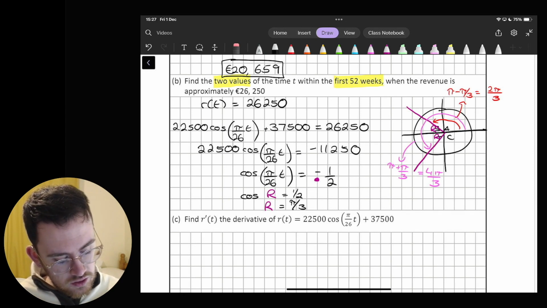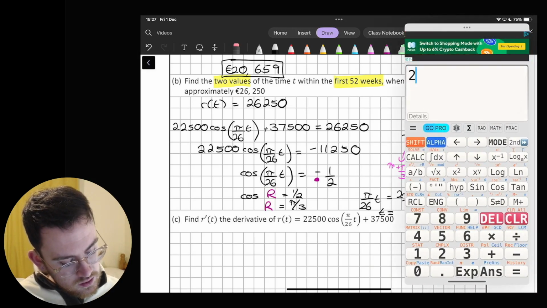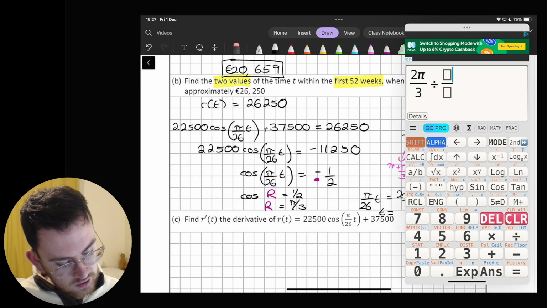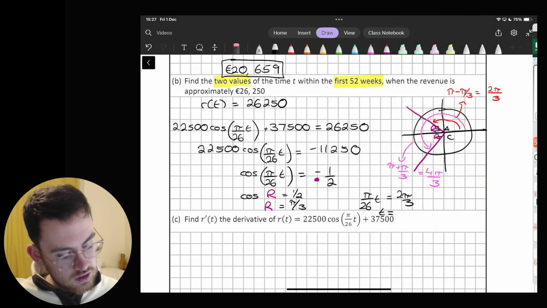So those are two values for my pi over 26t being equal to 2 pi over 3. So if I rearrange that, multiply by 26, divide by pi, so 2 pi over 3 divided by pi over 26, I get an answer of 52 over 3.